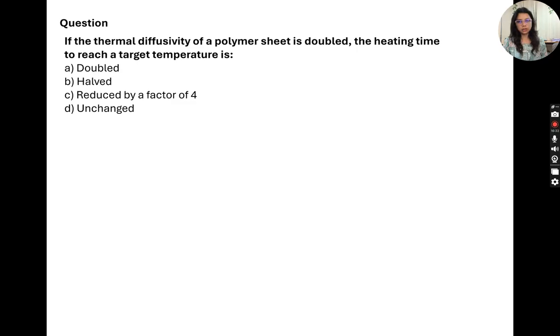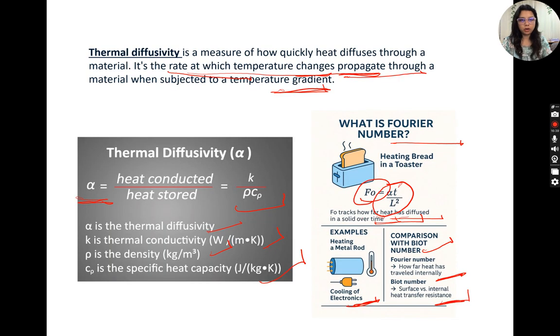Okay, then. The correct answer is B, which is half, and this is based on the formula we just read.